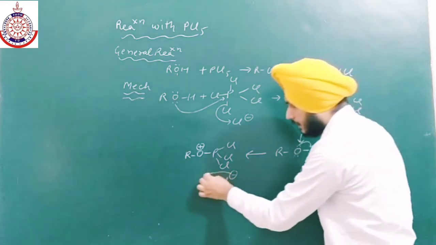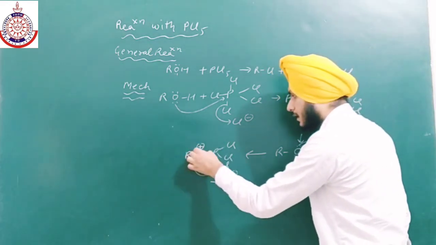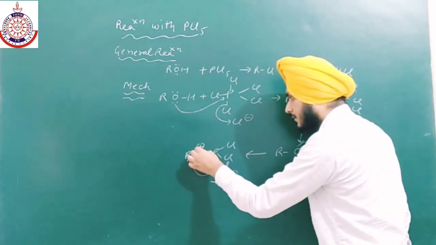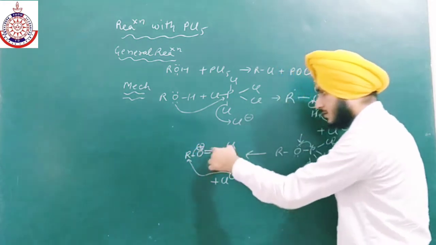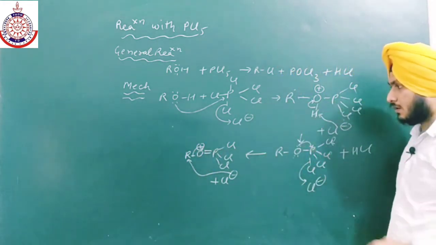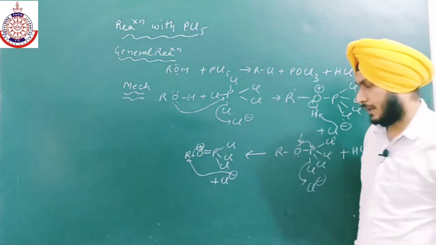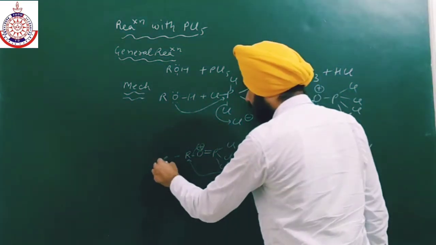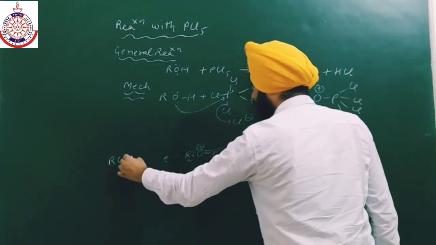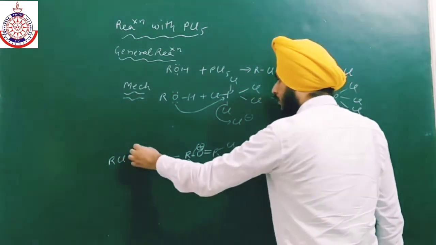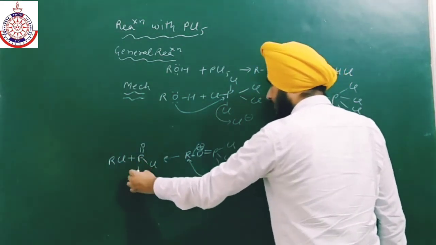Now this Cl negative again attacks over here, and here we have a double bond and this bond will break, and we get RCl plus P double bond O, Cl, Cl and Cl.